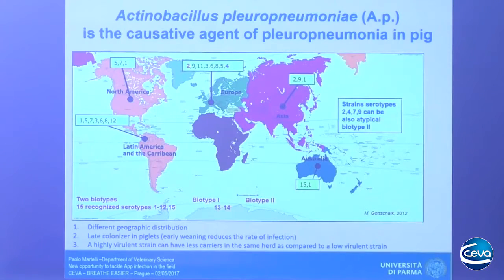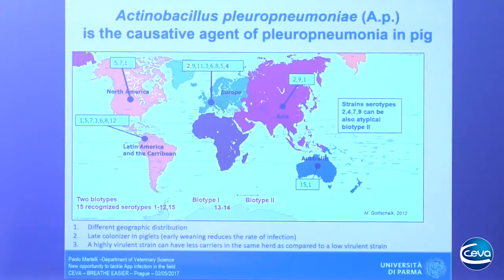And there is no correlation: a highly virulent strain does not have fewer carrier animals in the same herd as compared to a low virulent strain. So we don't have a clear-cut behavior of the microorganism based on the characteristic of its virulence.